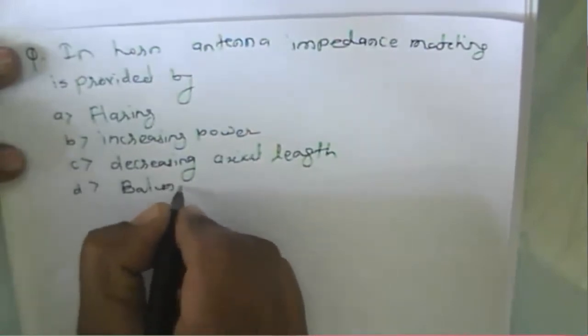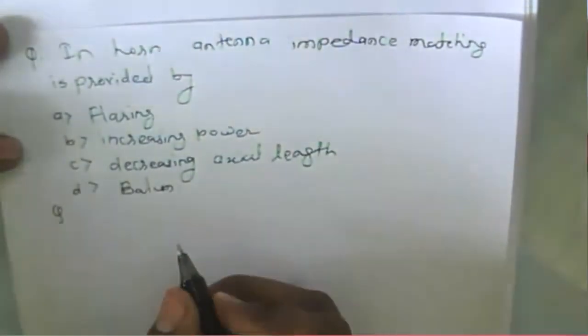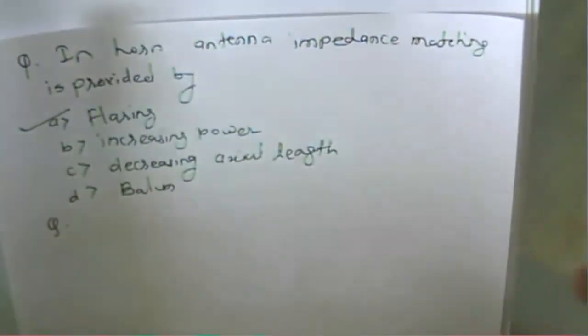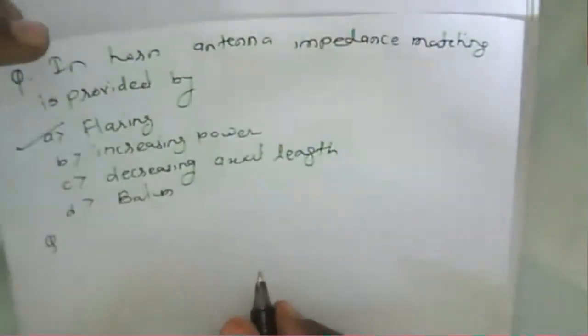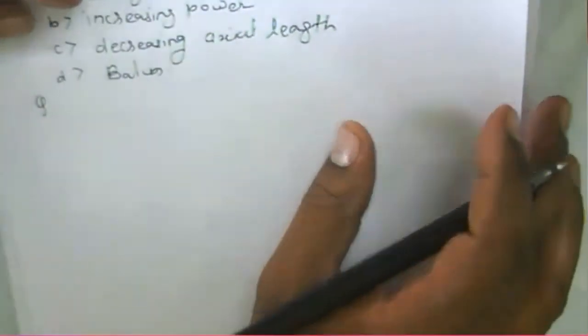C, decreasing axial length. D, a balloon. Please tell the answer for this. Yes, correct. It is A, flaring. That's why I told you, we have given the answer earlier.